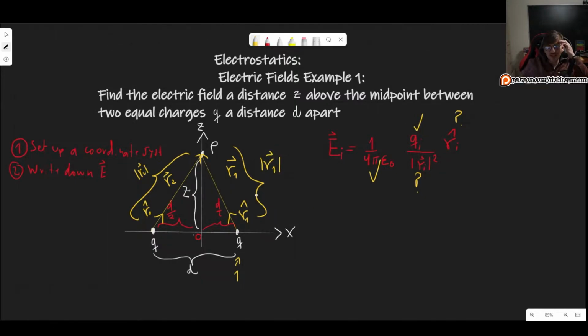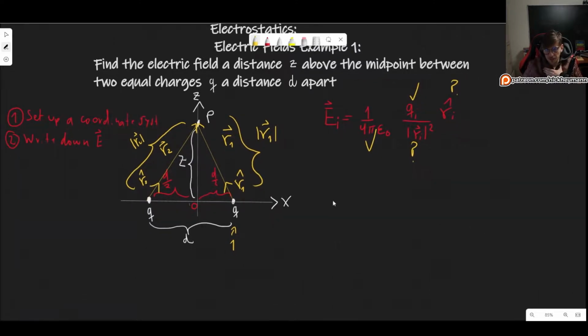So now we have identified every single quantity that we care about, even though we haven't found them yet. But at least now we understand the situation a little bit better. Once we have those quantities, to find the total electric field, all we will need to do is add up the contribution from these electric fields.